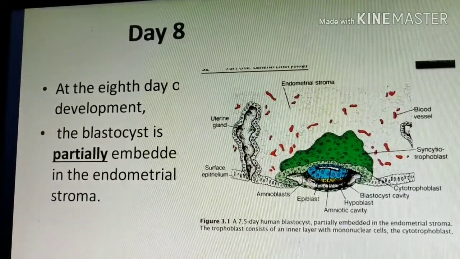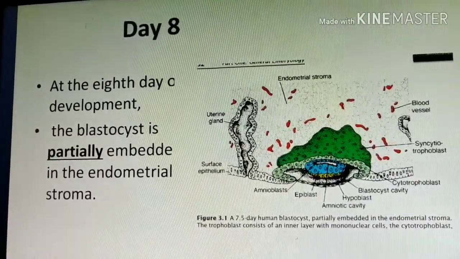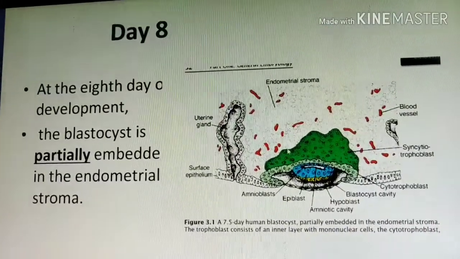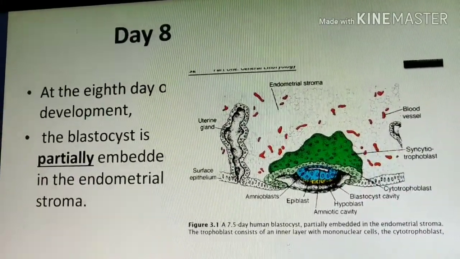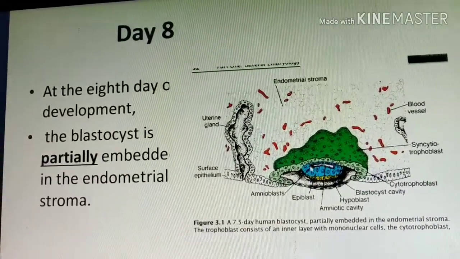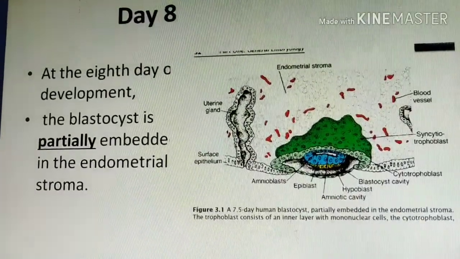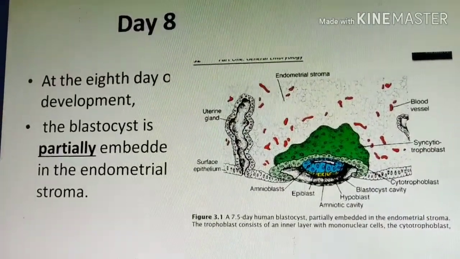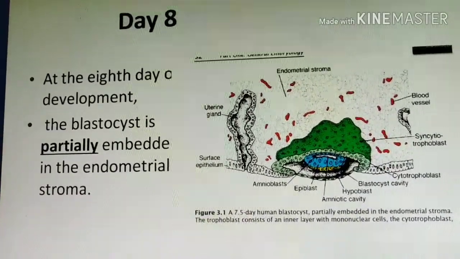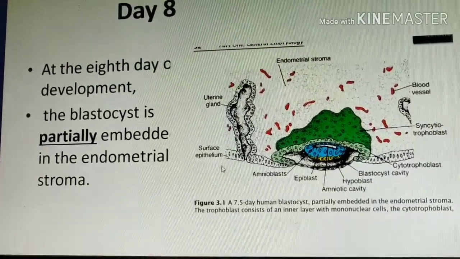On day 8, the embryo, that is the blastocyst, is partially embedding in the endometrial stroma of the uterus. First event, the partial embedding. In the first week was touch and adhesion, and the second week starts, that is day 8, with partial embedding of the blastocyst in the endometrium.